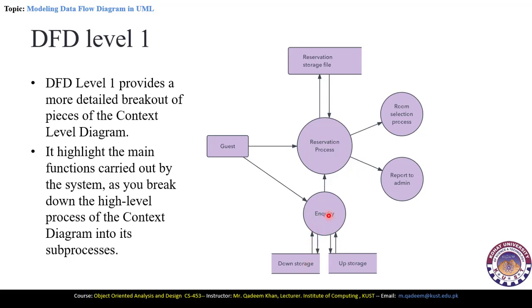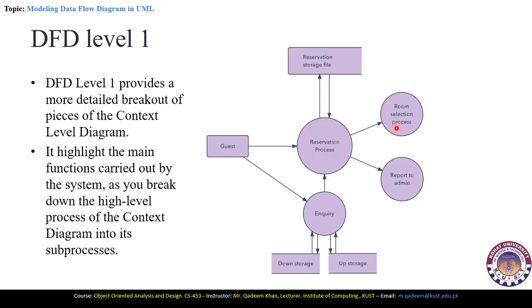And up storage means that when new facilities or new rooms are added, then the guest will see these new rooms or new information or new facilities through certain inquiries. And inquiries will provide the data to the reservation process, and then this data will be accessed by the guest.